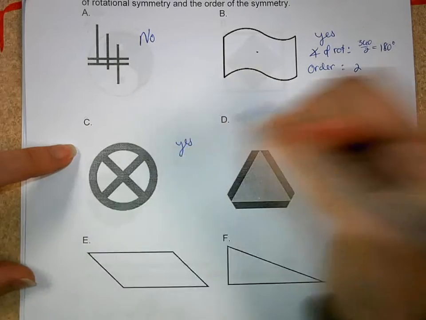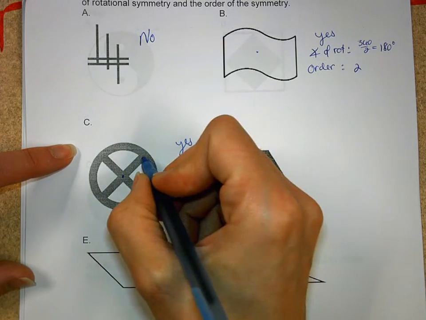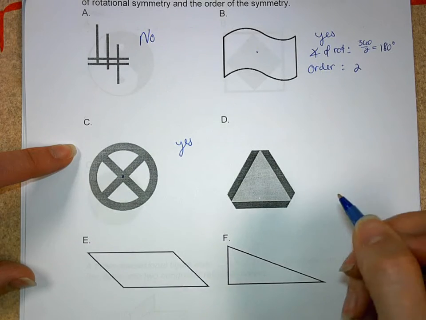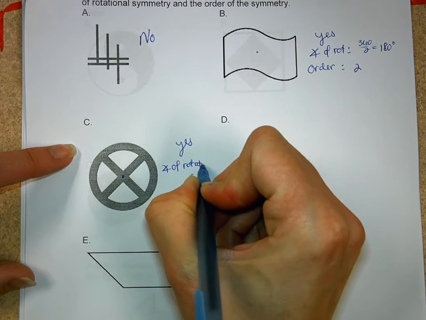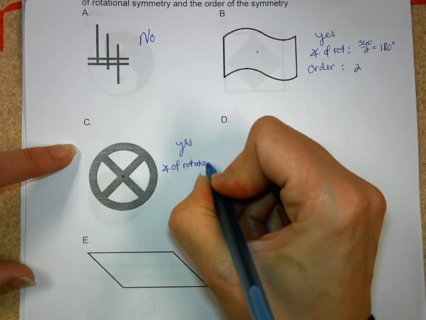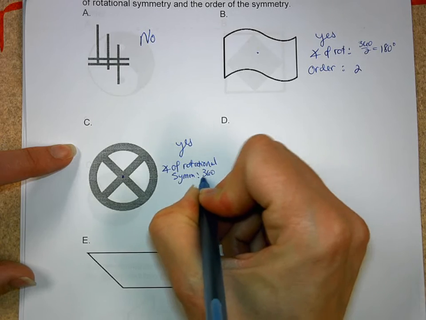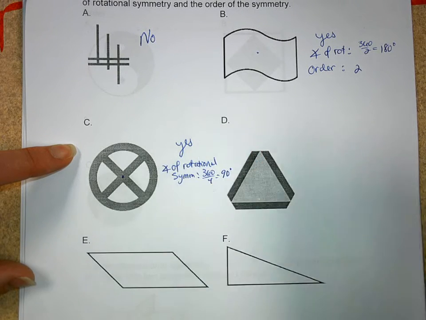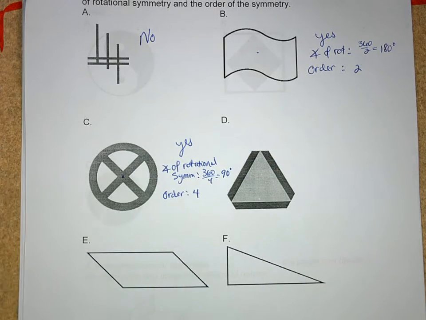Yes, this has rotational symmetry, because this is where I'd put my center point. I'd have 4 equal spots, so my angle of rotational symmetry is 360 divided by 4, which is 90 degrees. So my order, because I divide by 4, is 4.